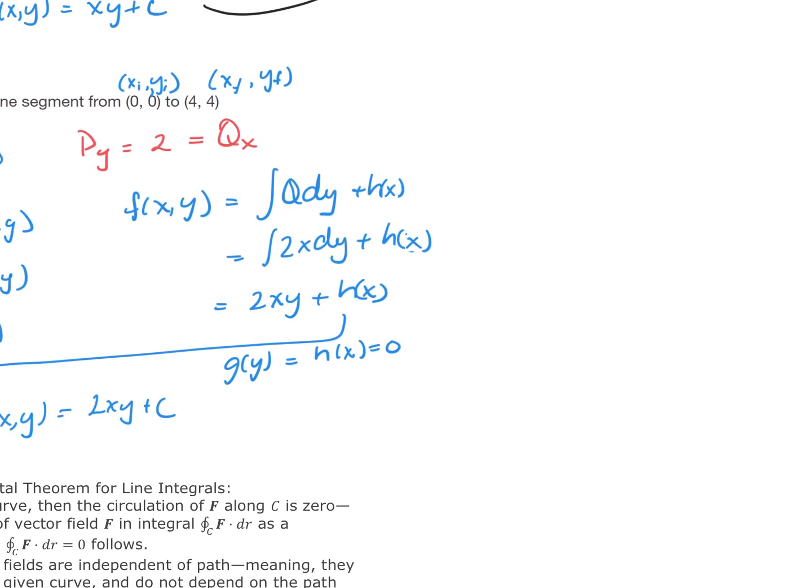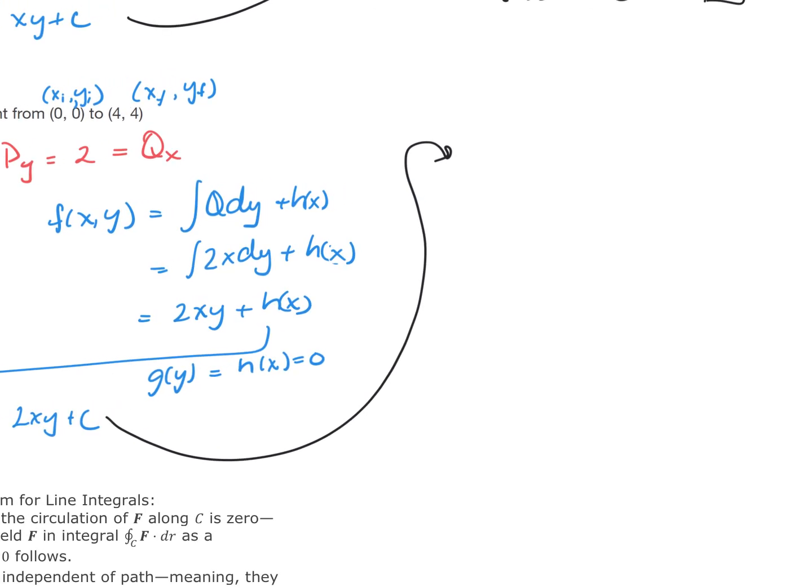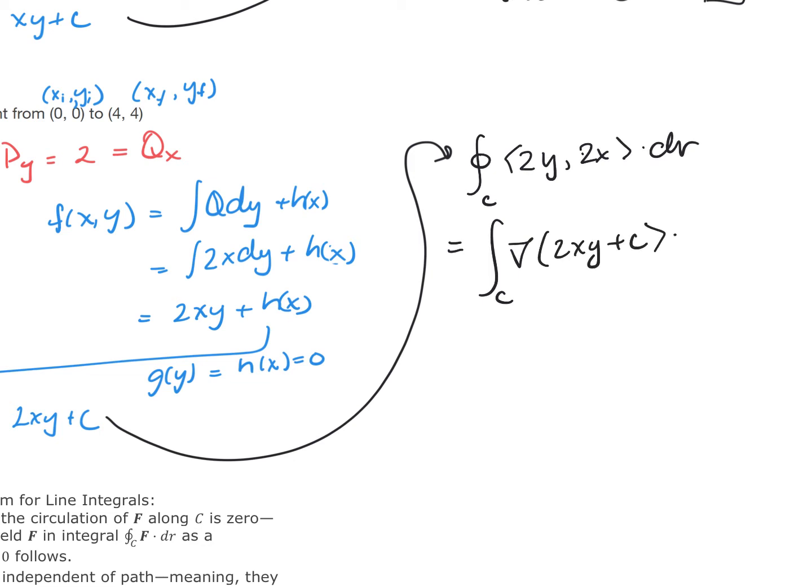I'm going to use that as before, applying the fundamental theorem: the integration over C of the gradient of 2xy plus c, dotted with dr, is equal to the integration over the curve C of the gradient of 2xy plus c dotted with dr.